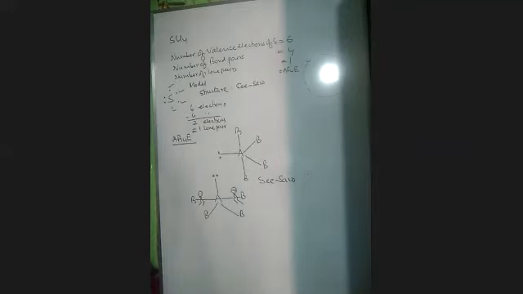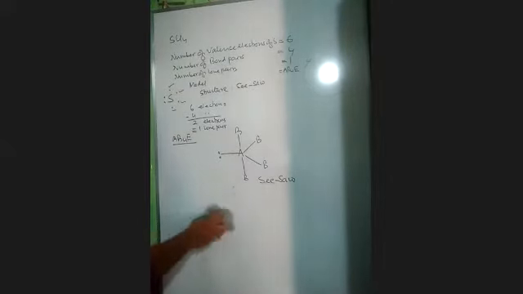Excuse me, sir. Yes. Number of bond pairs, should it be 4 or 2? Number of bond pairs is 4. How many chlorines are there? 4, right? So number of bond pairs is 4. See, look here.